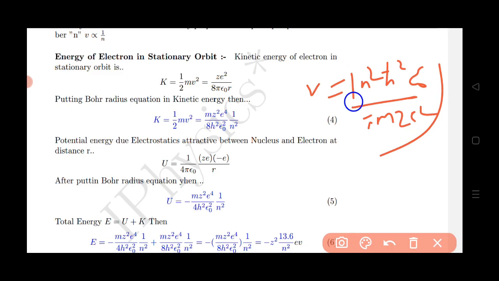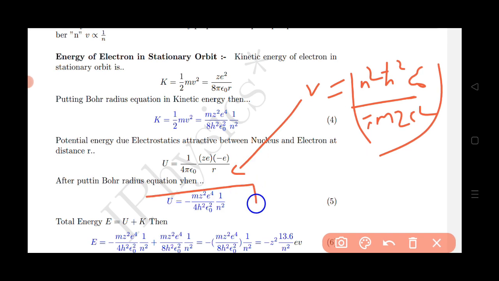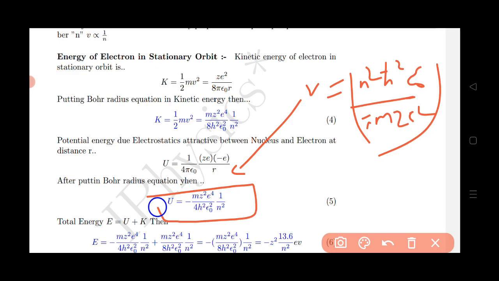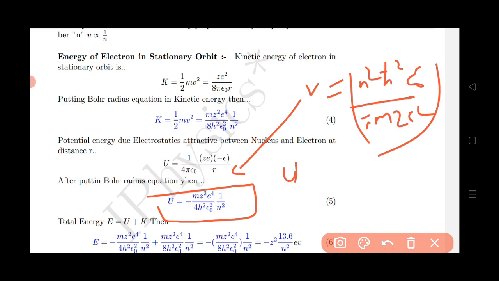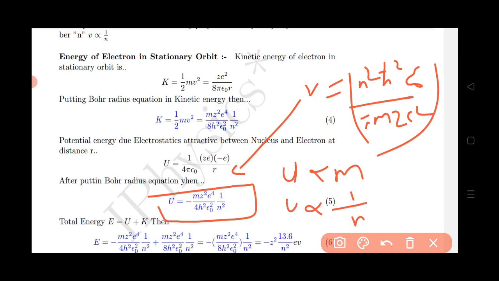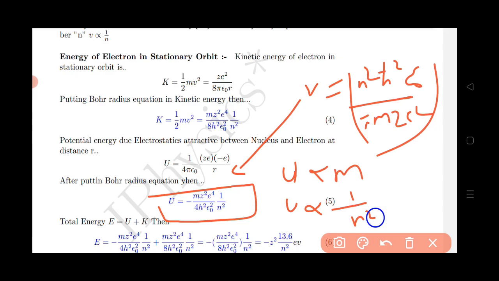This value put in here, and we get potential energy equal to minus m Z square e power 4 upon 4 h square epsilon naught into 1 upon n square. It means potential energy U is directly proportional to the mass of electron, and U is inversely proportional to the square of principal quantum number. Okay.